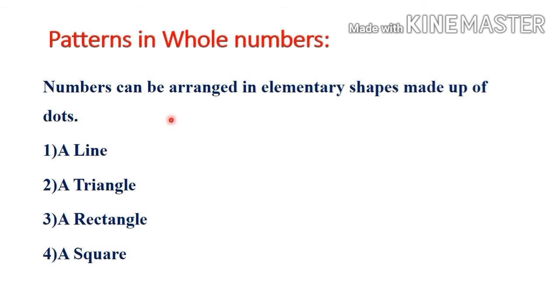So a triangle, rectangle, square, all these, even a line, you want to represent by using dots. Okay, so some numbers we want to represent in the form of elementary shapes. What are the shapes given? A line, a rectangle, a triangle and a square. So these shapes will represent by using dots.